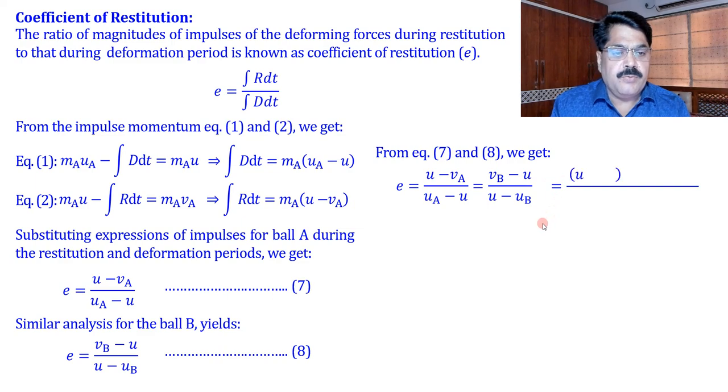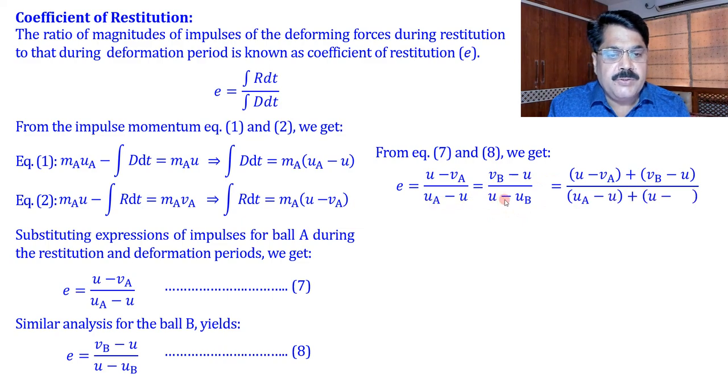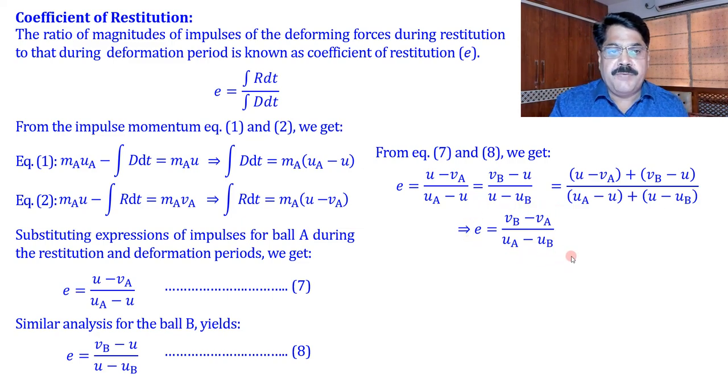So we do the same thing here: (u_A minus v_A plus v_B minus u) upon (u_A minus u plus u minus u_B). Now you can see from here, the terms u and u will cancel out. Similarly in the numerator the u terms will cancel out. So what we are getting is e is equal to (v_B minus v_A) upon (u_A minus u_B). So that is a well-known expression for coefficient of restitution.